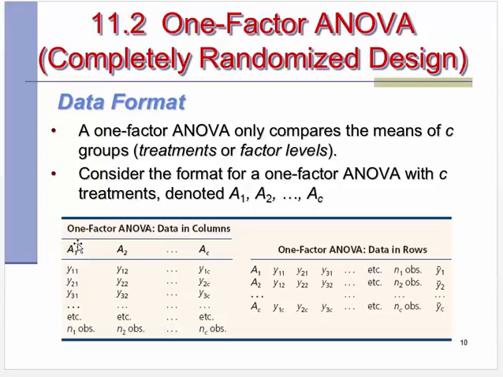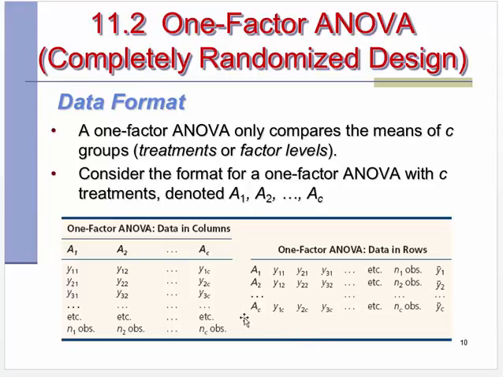This would be factor A1, the first treatment type, and then you have observations Y11, Y21, Y31, etc. That's a total of N1 observations. For the second treatment, you have Y12, Y22, Y32, all the way to the last one. So there are N2 observations. For the last treatment type, AC, we have Y1C, Y2C, Y3C, etc. NC is the number of observations.